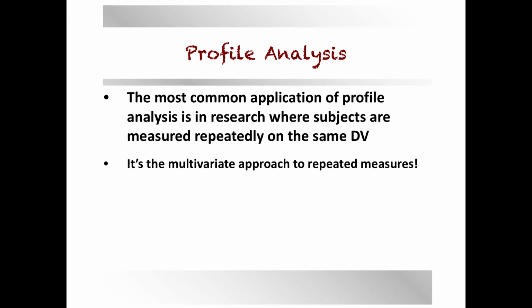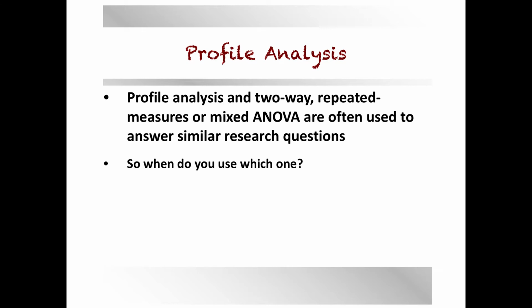The most common application of such an analysis is when subjects are measured repeatedly, so it's a multivariate approach to studying repeated measures. So when would you use it? As we go through the video, I want you to think critically about when we're going back and forth between having a variable as an IV and a variable as a DV, because we want to make sure that we are representing our hypothesis properly.